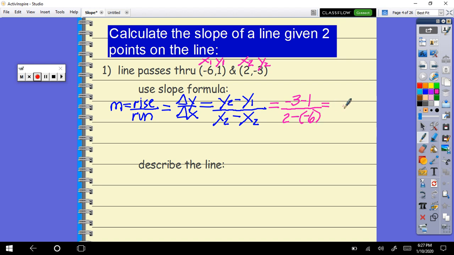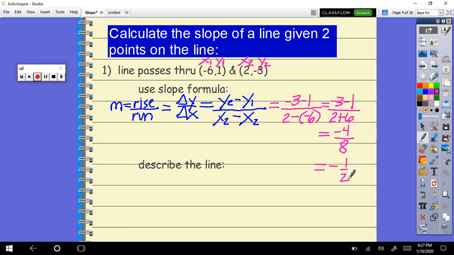Now, I don't like to say 2 minus a negative 6, so instead I'll just shortcut and say 2 plus 6 because that seems easier. Negative 3 minus 1 is negative 4. 2 plus 6 is 8. So negative 4 over 8 reduces to negative 1 over 2.